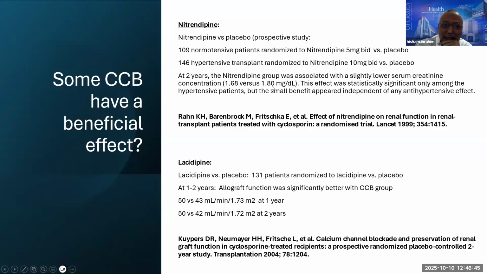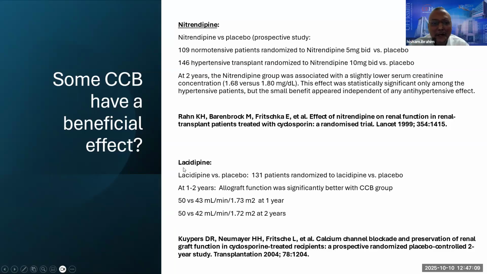But it was statistically significant, and it would have been good to see if this study had been continued for longer, whether this difference would go up. But there did seem to be some sort of effect with nitrendipine in this study, published in the Lancet in 1999.